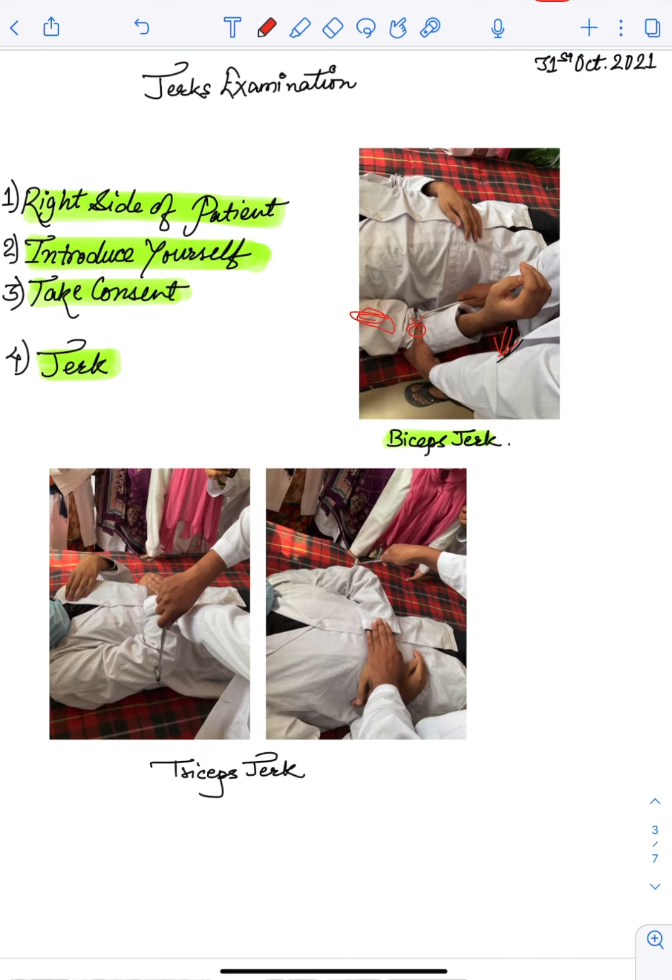This was just a demonstration so the arm has not been exposed, but when you do the biceps jerk, expose the arm so you can see the biceps muscle and the jerk.